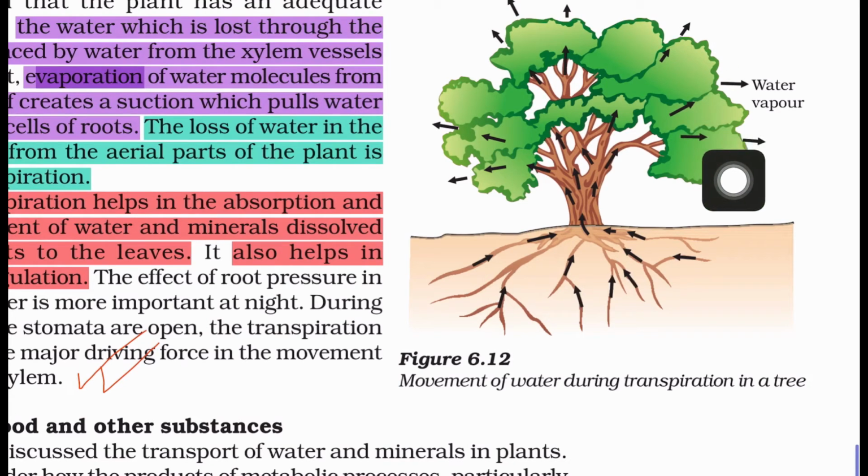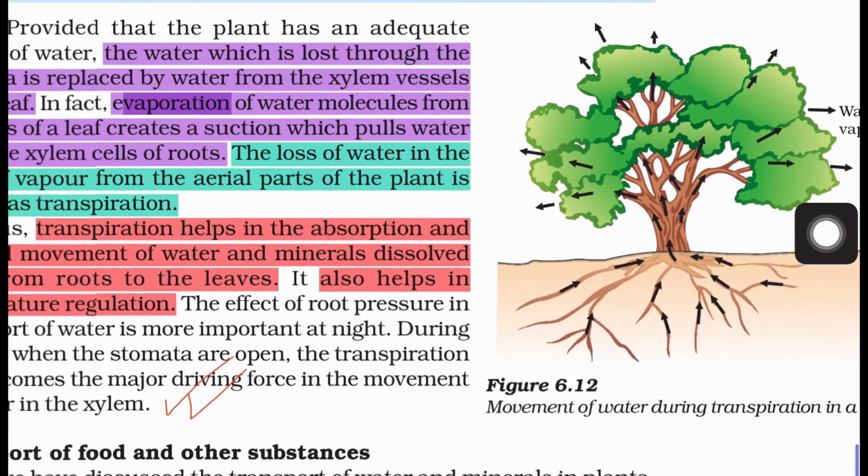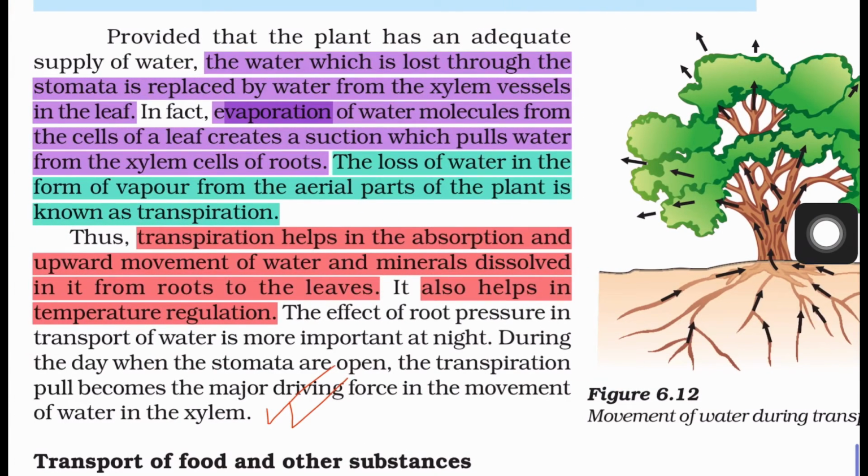Transpiration means the loss of excess water through the stomata in the leaves in the form of water vapor. Due to the loss of water through stomata, there is a suction pull from the soil to the leaves. So due to this, water is pulled upward.